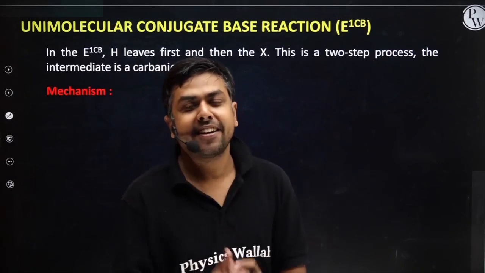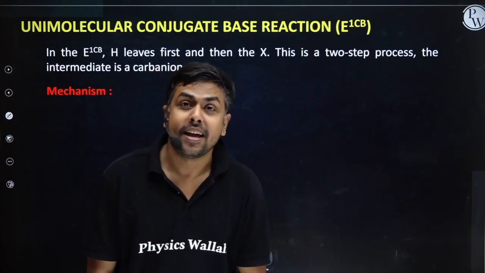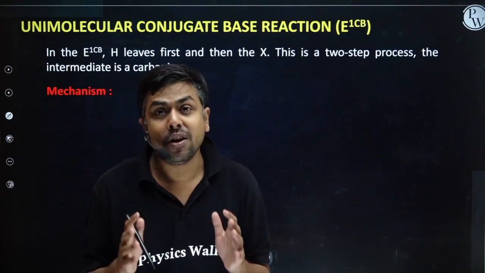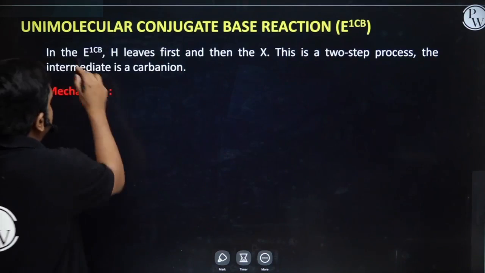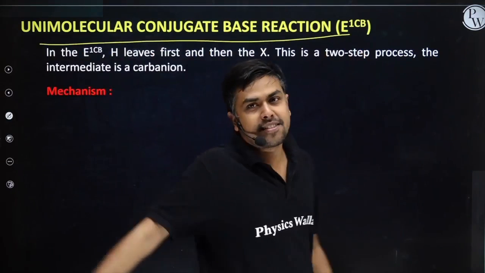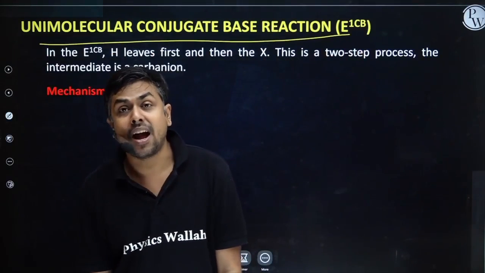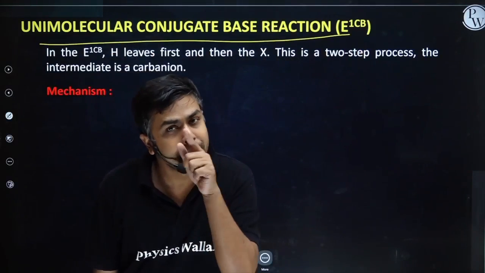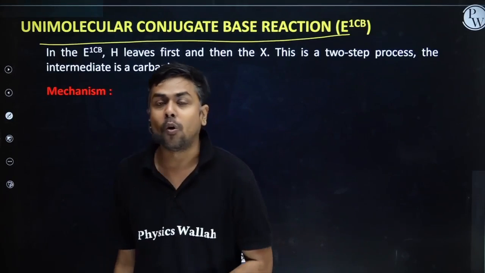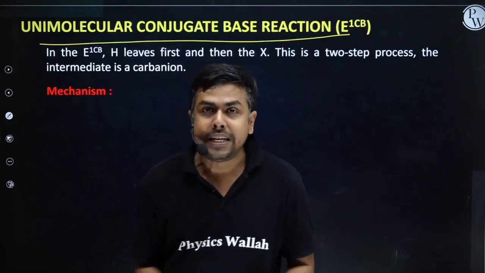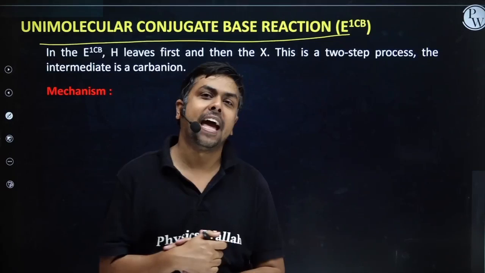Students, moving ahead, the next type of elimination reaction which we have to study is the E1CB reaction, unimolecular conjugate base reaction. Here the base attacks the beta hydrogen first. We will have the formation of a carbanion, and now this carbanion on delocalization will lead to the departure of the leaving group, and I will have the formation of alkene.